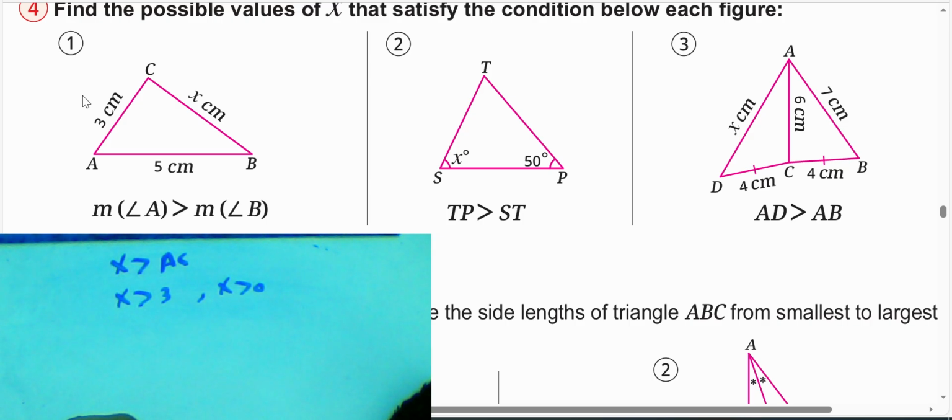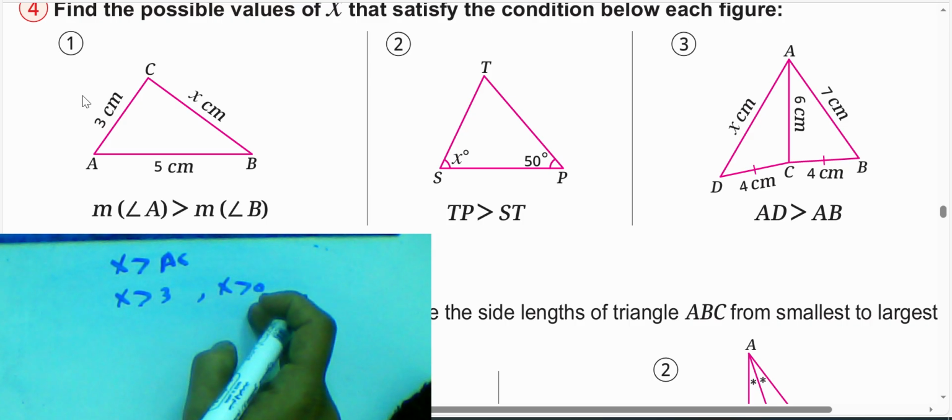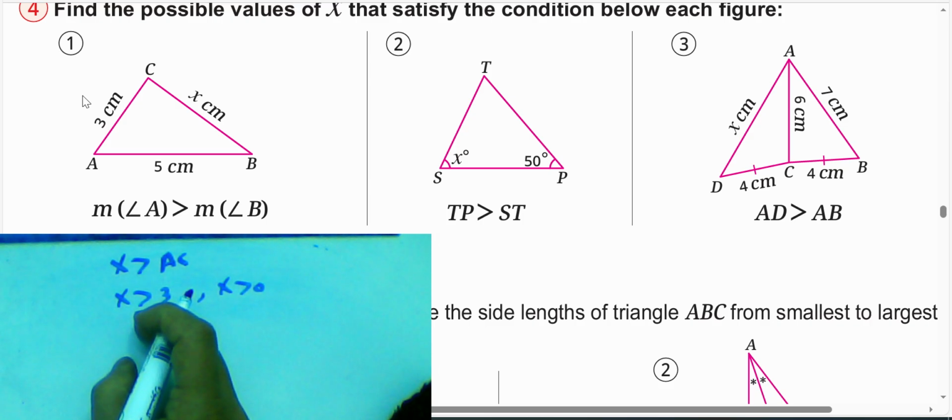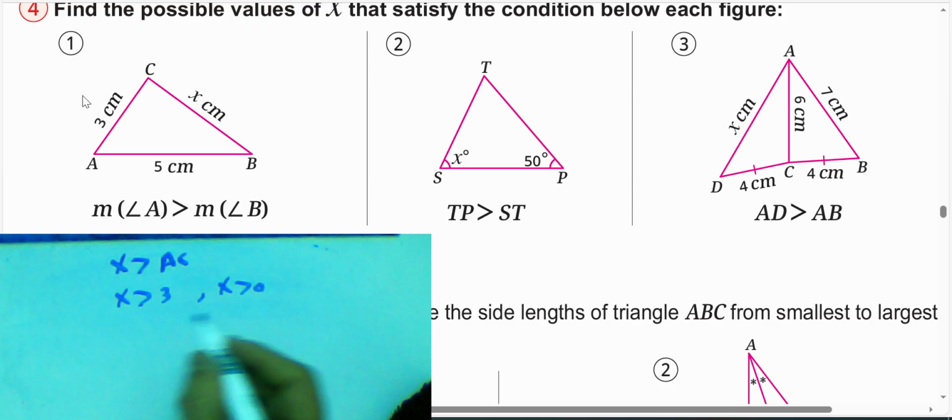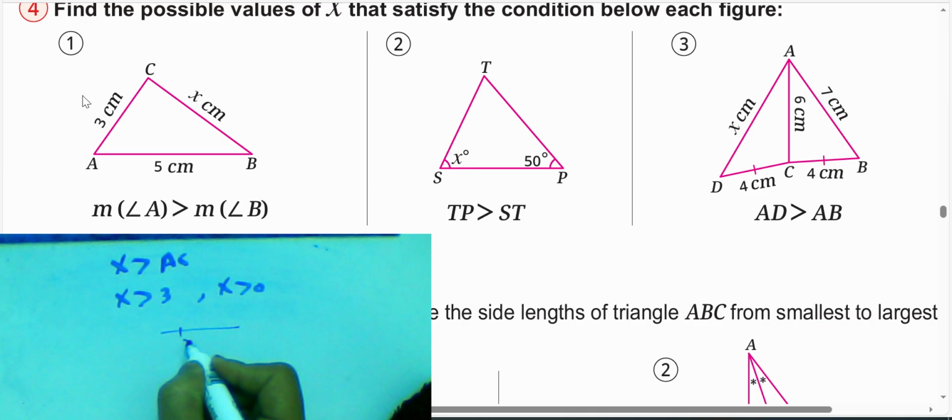So the result is x from 3 to infinity, with 0 to infinity and 3 to infinity. The intersection is from 3 to infinity. The solution set of x is the open interval from 3 to infinity.